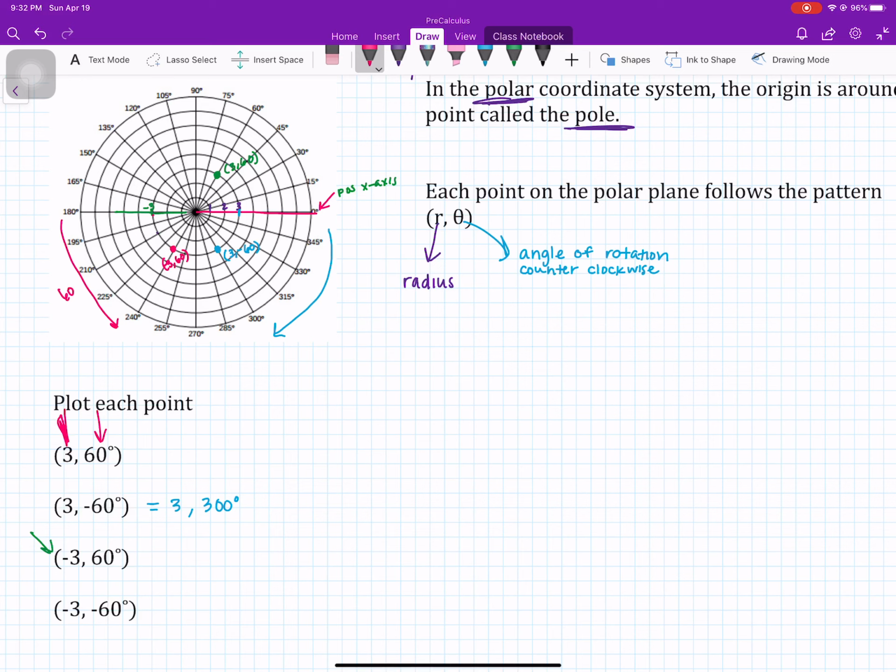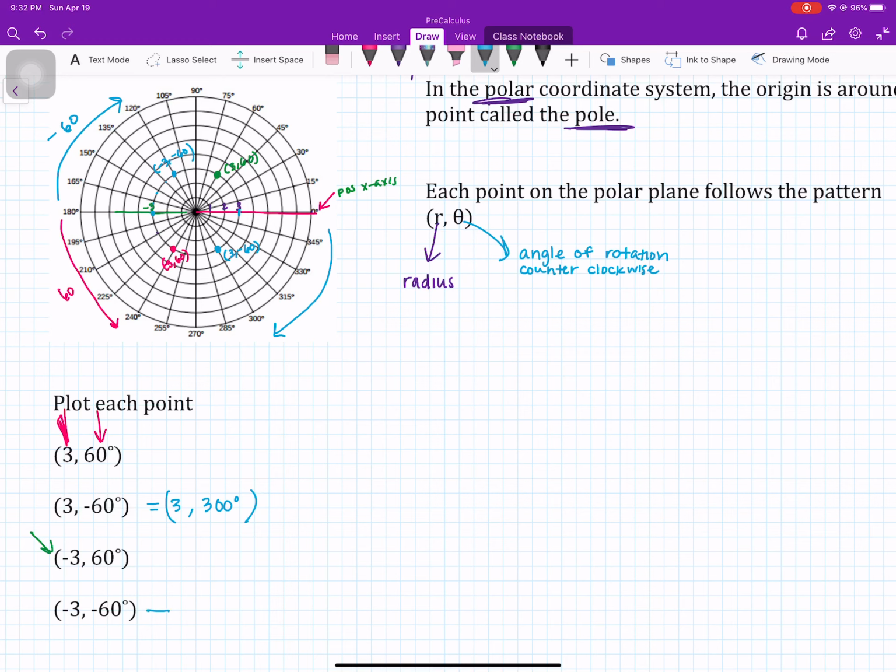And then the next one, negative 3, negative 60, it almost seems counterintuitive, but you start here and you actually go up. You're going 60 degrees back from 180. So that would be at 120. And again, there are lots of equivalent points here.